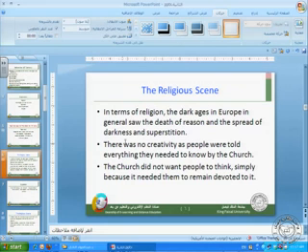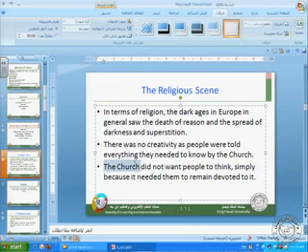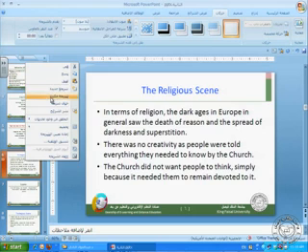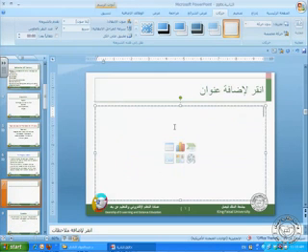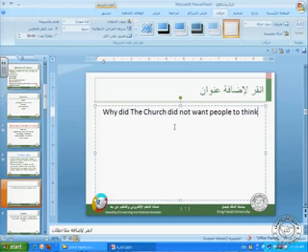So we could form a question here. The church did not want people to think. Why? Simply because it needed them to remain devoted to it. And here, a question. Why did the church not want people to think?